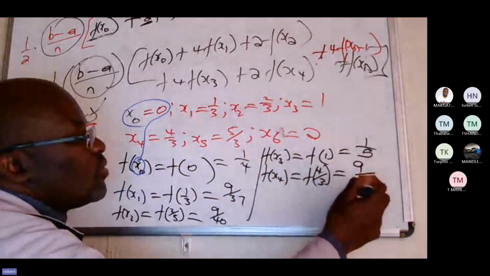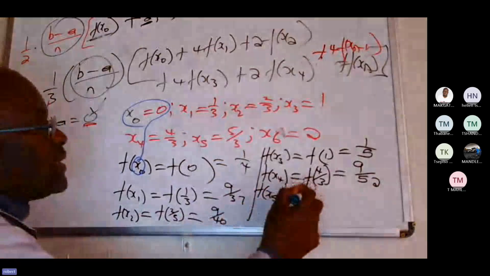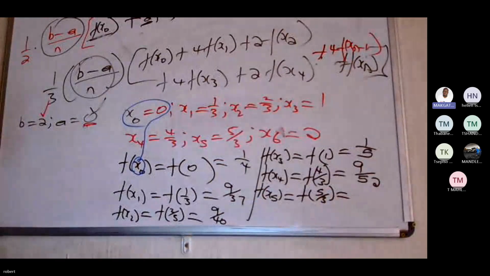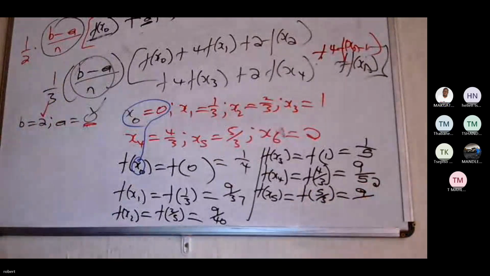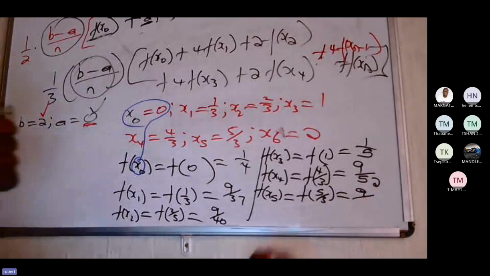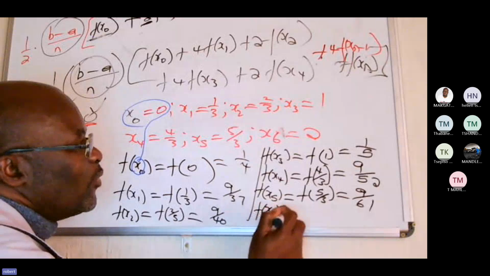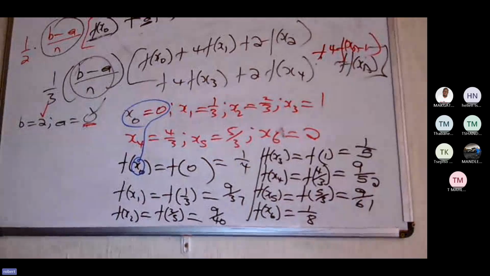Then what is f of x5, which is f of 5 over 3? 9 over 61. Is it 61? Yes, sir. Okay. This one you can leave for me, this one is very simple. Anything very simple, you leave it for the teacher. That's right. Anything difficult is for you.